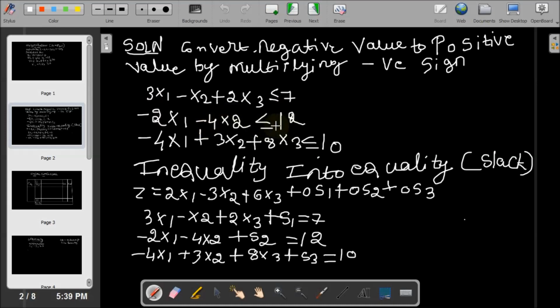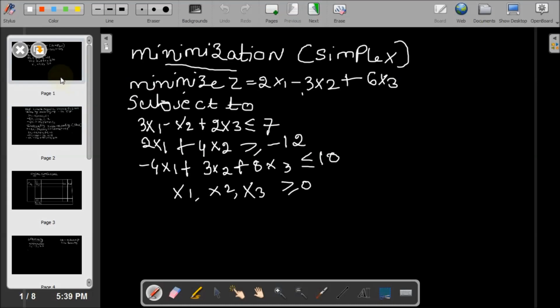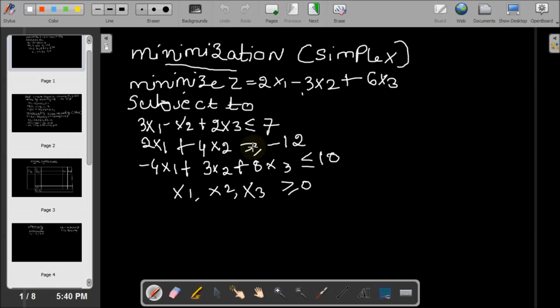You can observe that -12 is changed to +12, +2x1 is changed to -2x1, +4x2 is changed to -4x2, and again the inequality changed from greater than or equal to less than or equal to.